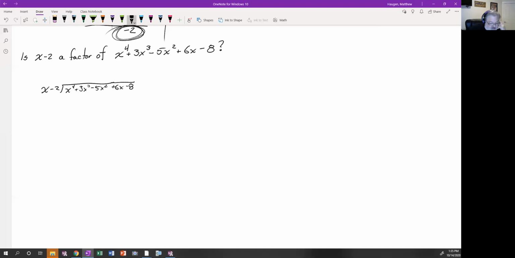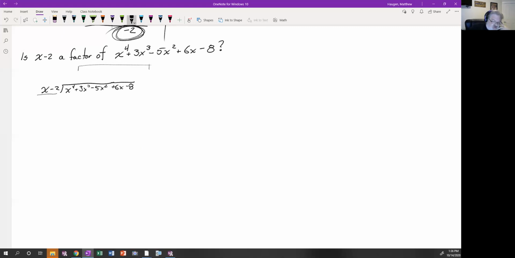We will be left with not only knowing that x minus 2 is a factor, but also a third degree polynomial that is also a factor. Just like when we divided that 3 out of 51, we also got that 17 was a factor. So if it divides out clean, we're really happy. If it doesn't, okay, we know something that's not a factor, and we'll go try to find something else that might be.